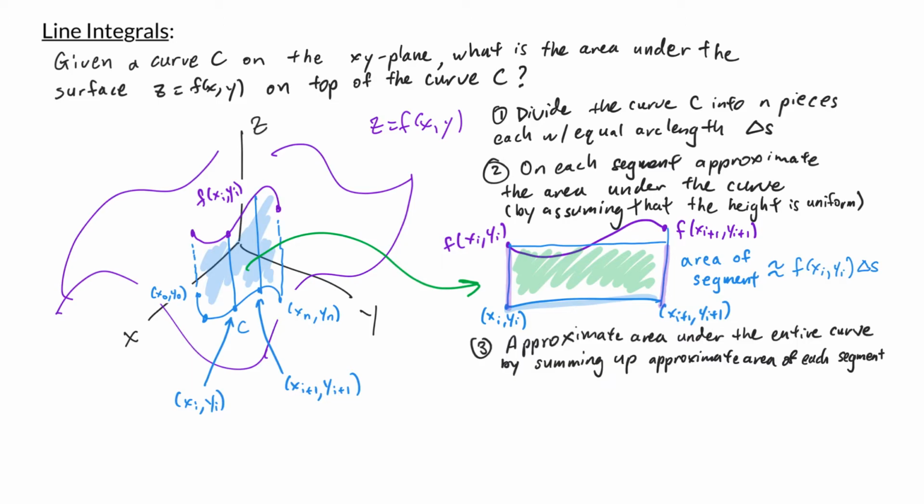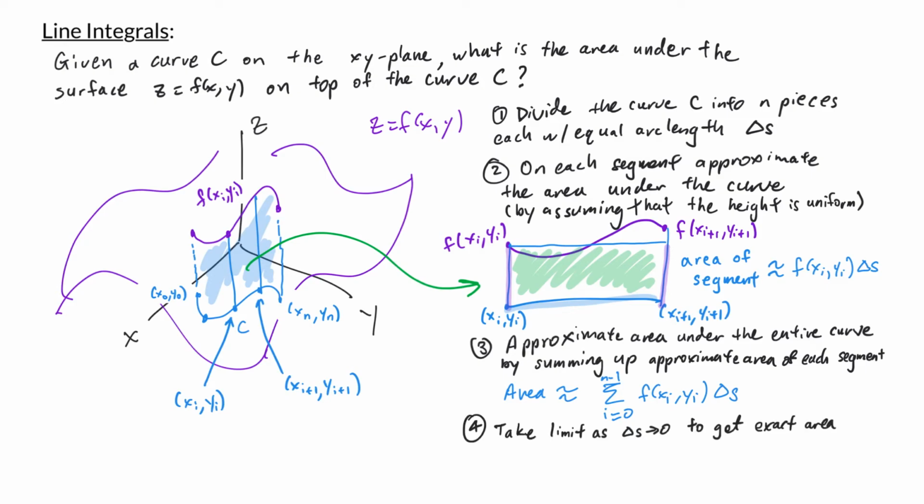Next, we want to approximate the area over the entire curve by adding up the approximate areas on each segment. So the total area is approximately the sum from i equals 0 to n minus 1 of f of xi yi delta s. Notice that if we divide up our curve C into smaller and smaller pieces, our approximation is going to get more and more accurate.